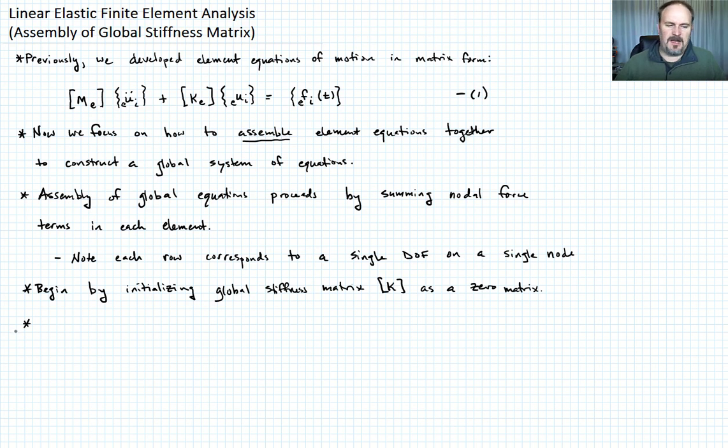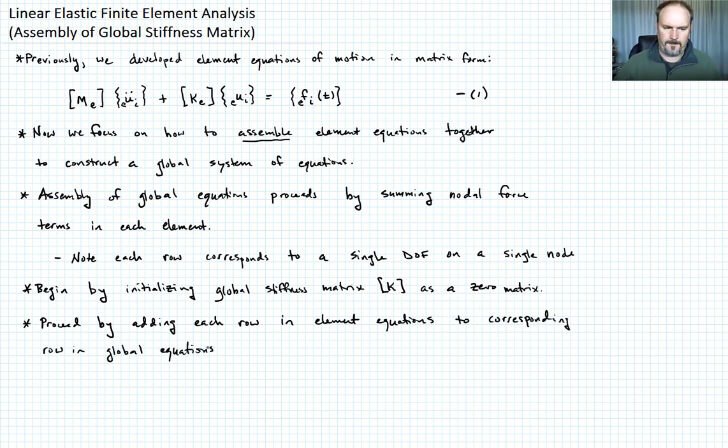And then we just proceed by adding each row in every element equation to the appropriate row in the global equation. Okay? So then we proceed by adding each row in the element equations to the corresponding row in the global equations.